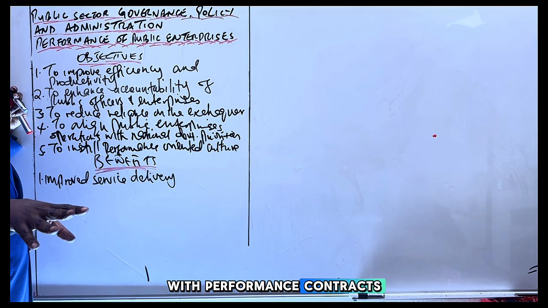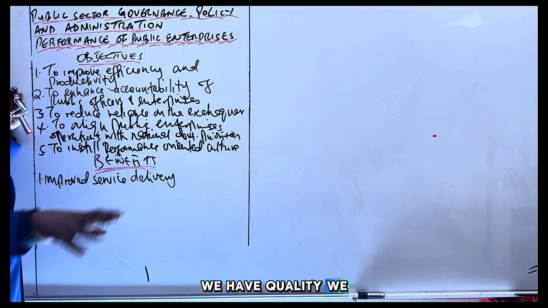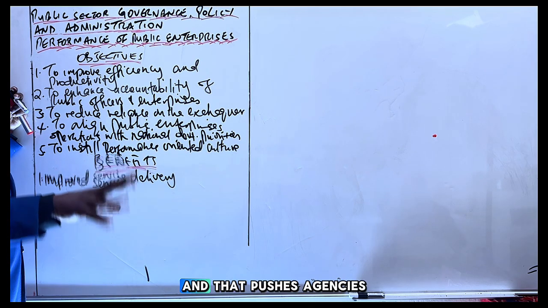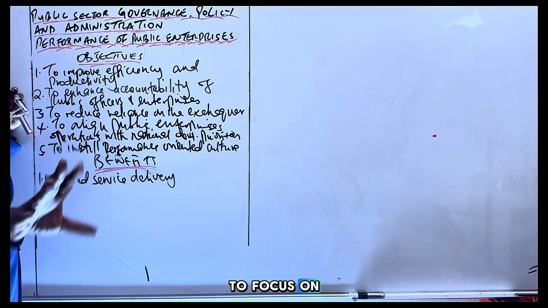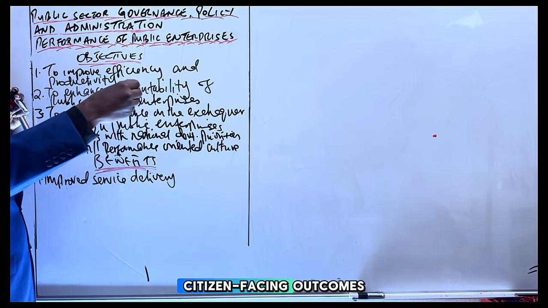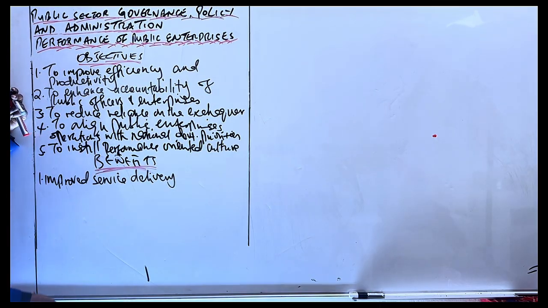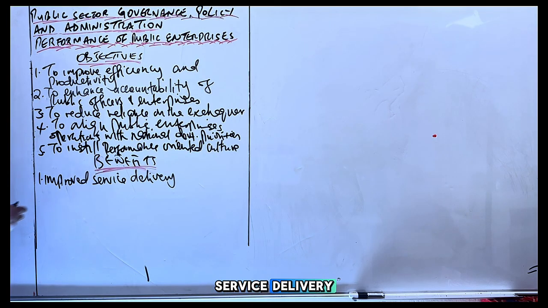With performance contracts, we have targets, we have timelines, we have quality, we have coverage, and that pushes agencies to focus on citizen-facing outcomes rather than just internal processes only. It leads to improved service delivery.